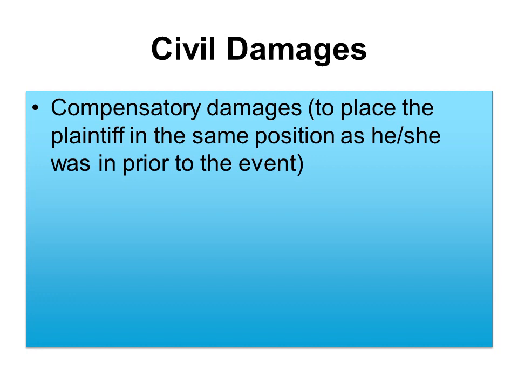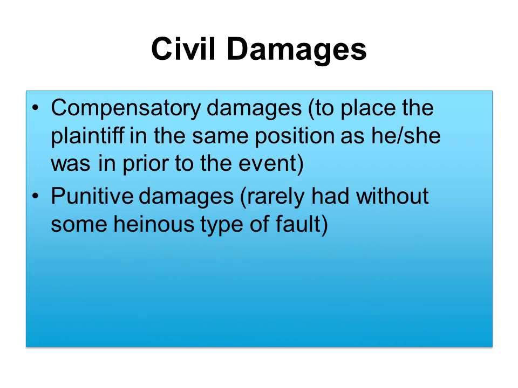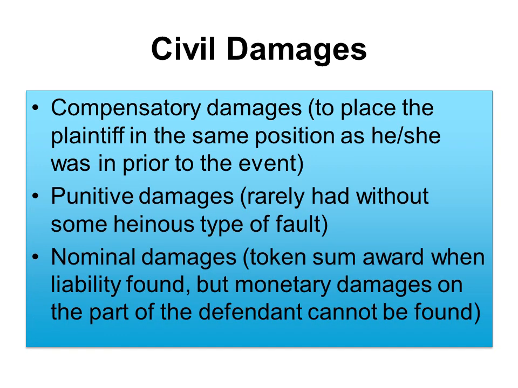In civil cases, there are compensatory damages, there are punitive damages, and there are nominal damages. Compensatory damages are meant to put the plaintiff in the same position that he or she was in prior to the event. This could be monetary damages for lost wages, medical bills, as examples.